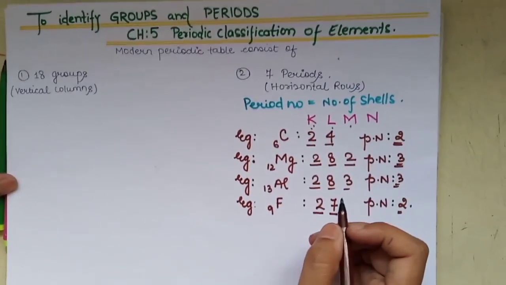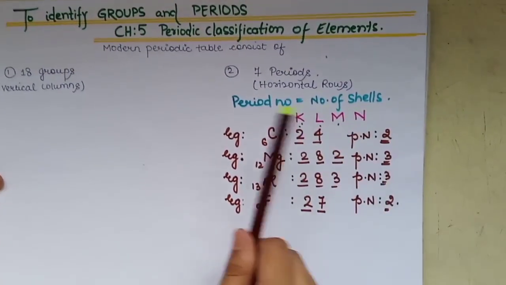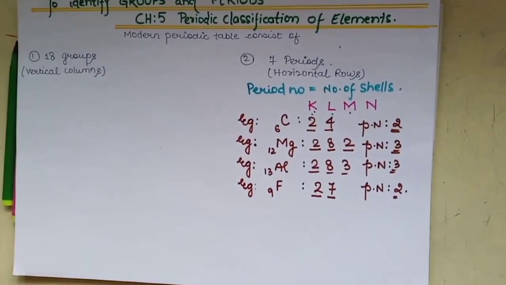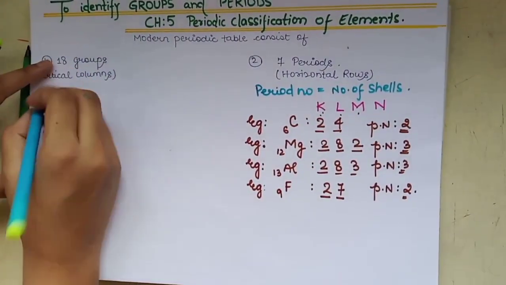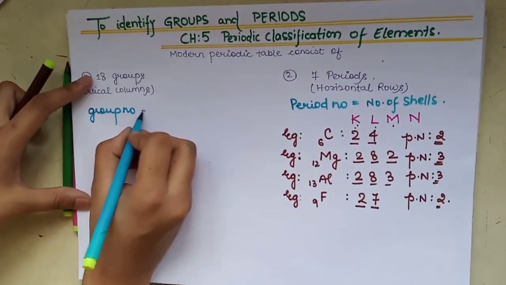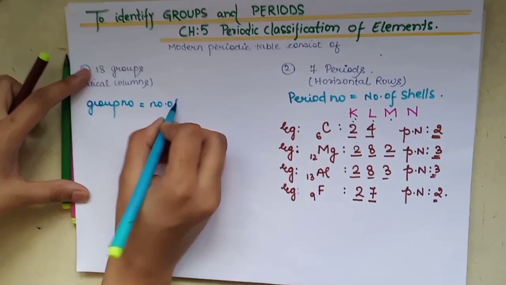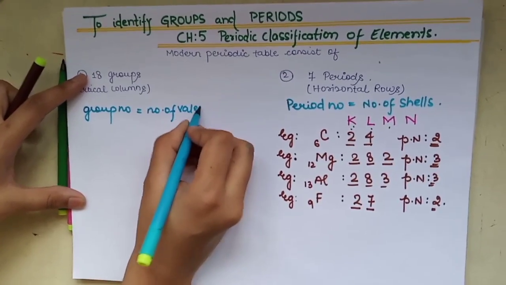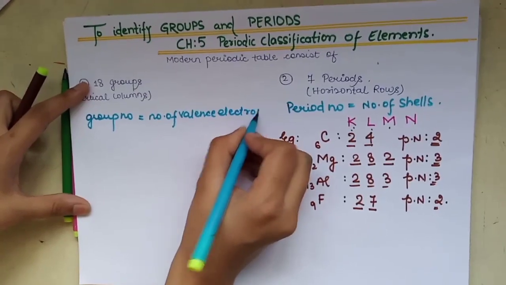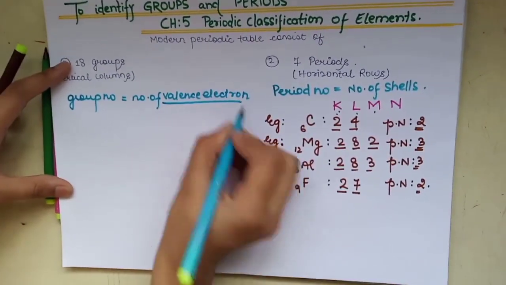Now moving on to group number. Since period number represents the number of shells, group number represents the number of valence electrons. That is, group number equals the number of valence electrons. Now you must be wondering, what is a valence electron?